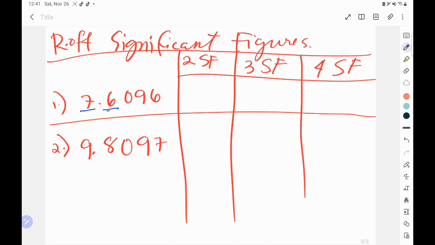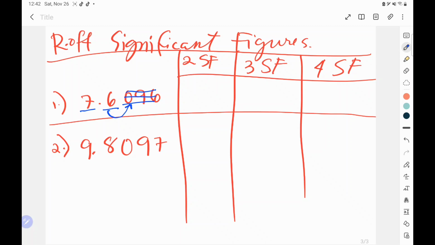All right, now we are going to focus on this because we're talking about 2 significant figures. Now in this case, what is the next number after 6? It's 0. So basically 0 is less than 5. Basically, if the next number is less than 5, the 6 here will remain 6, and the rest is cancelled. All right, that means removed.